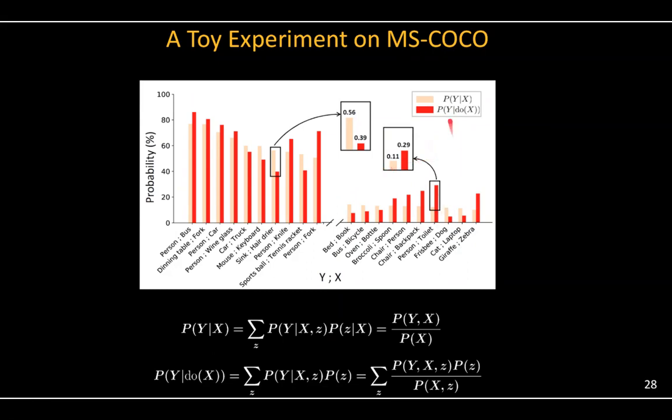But if we use the do-calculus, then the probability will become 0.229. Here, let's first ignore what the Z is, but let's say we can do the adjustment on those.